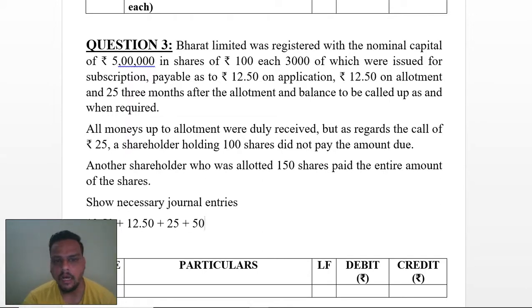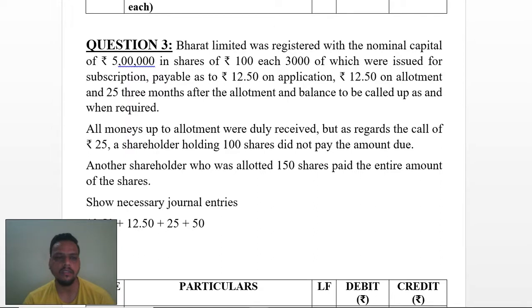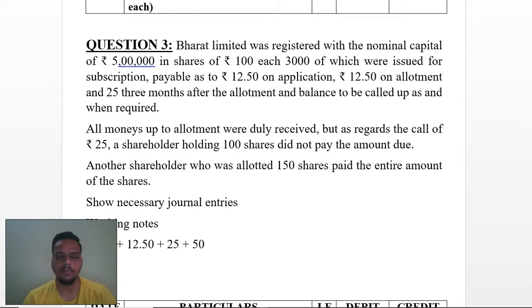All money up to the allotment was duly received, but as regards the call of rupees 25, a shareholder holding 100 shares did not pay the amount due. That means here I am doing the working note directly first, so you would understand it.